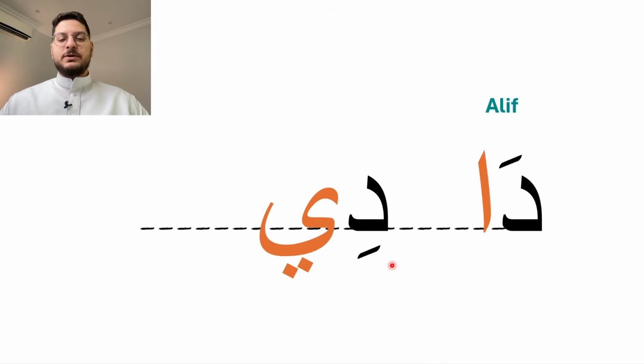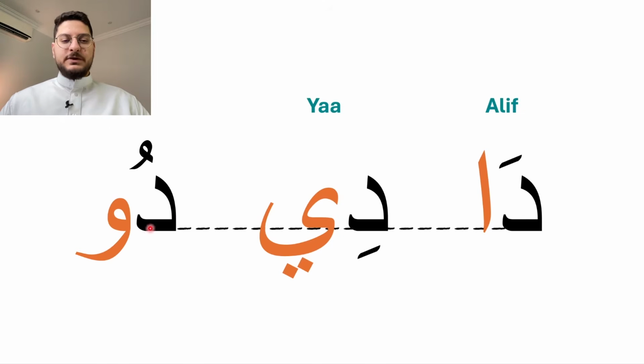Let's look at the second one. So the first part, again, we have seen in the previous slide, and this is di. Now, with this shape in orange, this becomes twice as long. So instead of di, now it's dii. And this shape in orange is what we call ya in Arabic, ya. The third one, we have seen again the du here with the dhamma.